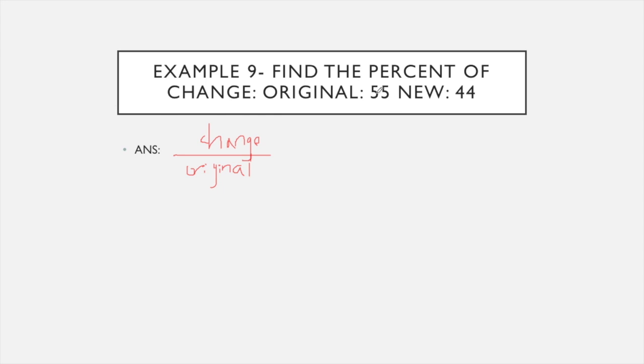So if we started at 55 and we ended at 44, you can think about what our change was. We started here, we went to 44, so we went down, so we know it's a decrease. Went down 11, so it changed 11. Our original was 55. So the percent change would be 11 over 55.